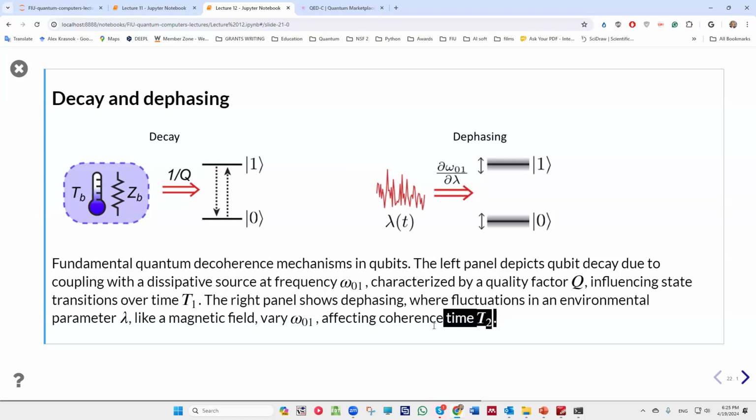This process is described by T2, or rather T2 with a star. In the literature you can find this T2 with a star. So this is the dephasing time. These processes are not avoidable. They're always there.